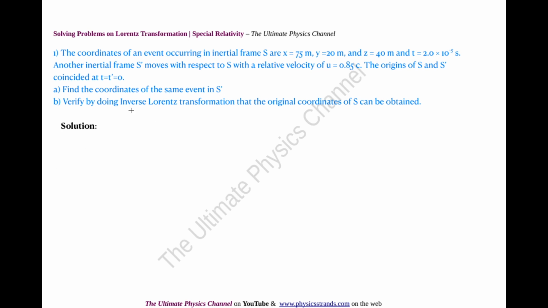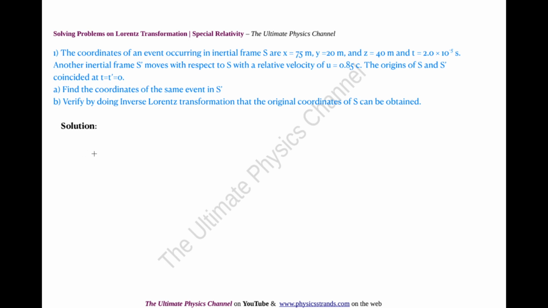The second part is just a recalculation by substituting the values we have obtained here to get back these values. We have to try to get these values again, right? So that is what we are trying to go to. Okay, so let's start with it.